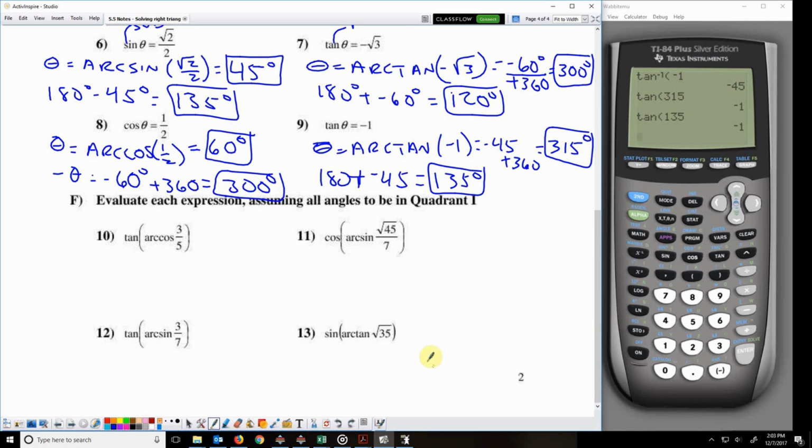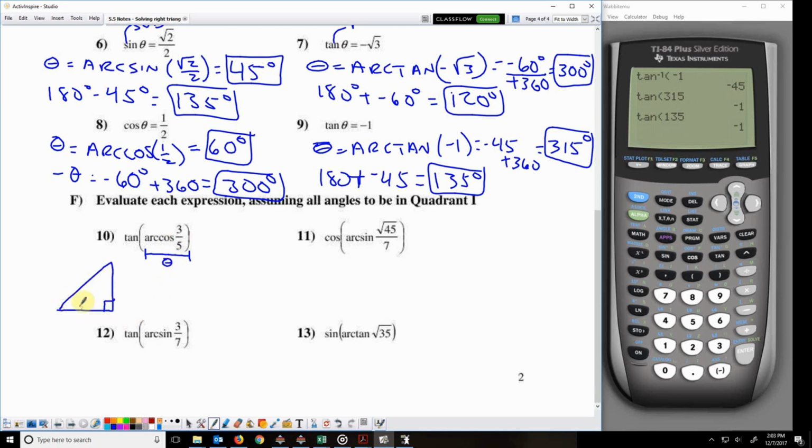Evaluate each expression, assuming all angles to be in quadrant 1. So here's what this looks like. This arccosine, 3/5. That, as an arc function, that means this is an inverse. So this right here, what it's going to give me is the input. Since it's an inverse, it's going to give me theta.